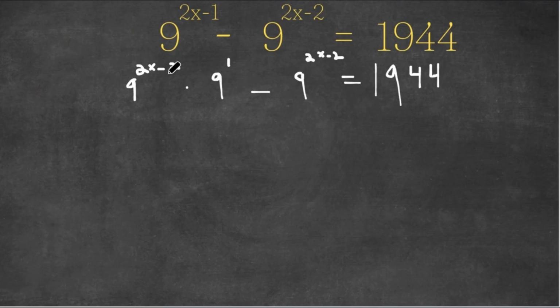So now, as you can see, we have two terms with 9 to the power of 2x minus 2 in them. So I'm going to factor 9 to the power of 2x minus 2 out of the left-hand side of this equation. So if I do that, 9 to the power of 2x minus 2 times 9 to the power of 1 divided by 9 to the power of 2x minus 2 is simply just 9 to the power of 1, and minus 9 to the power of 2x minus 2 divided by 9 to the power of 2x minus 2 is 1.